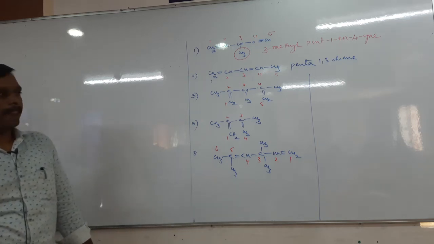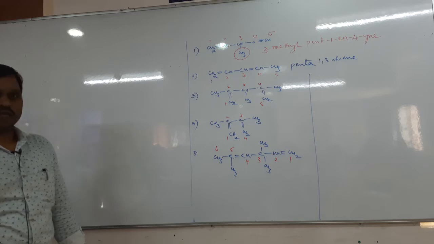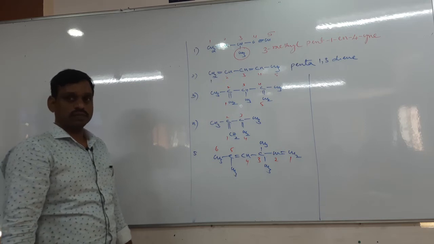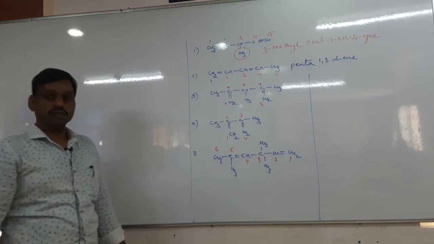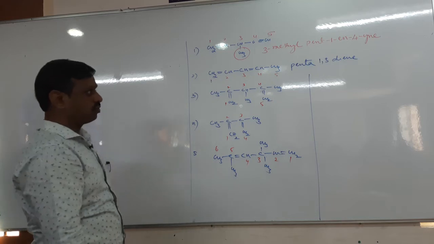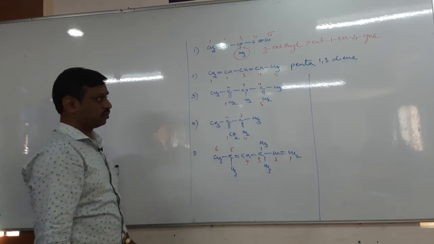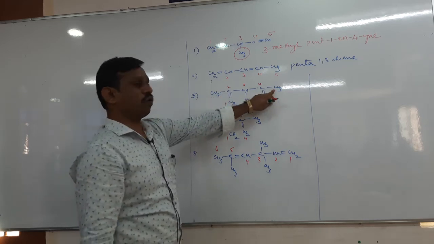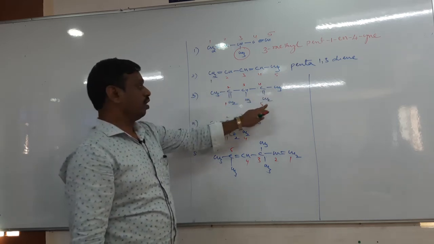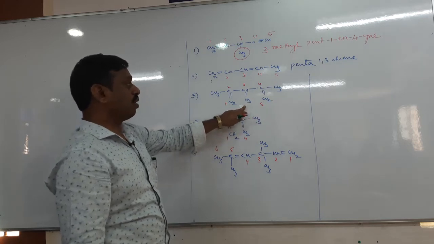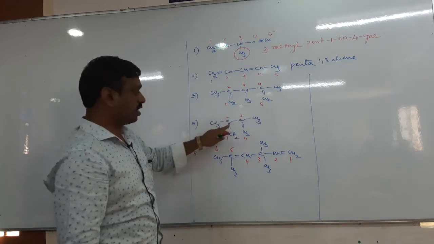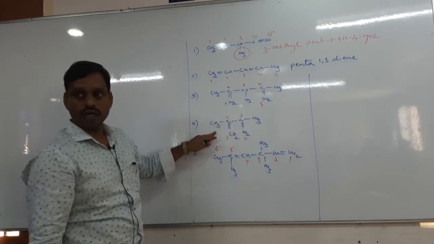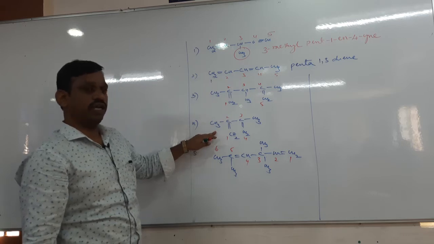First, tell me. It is 2,3,4-trimethylpenta-1,4-diene. Next, 2,3-dimethylbuta-1,3-diene.